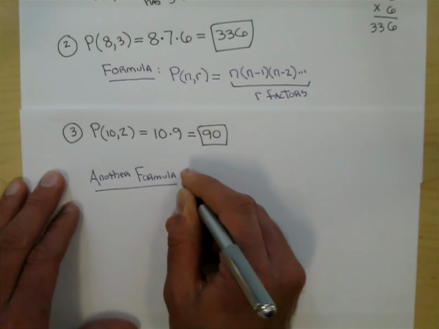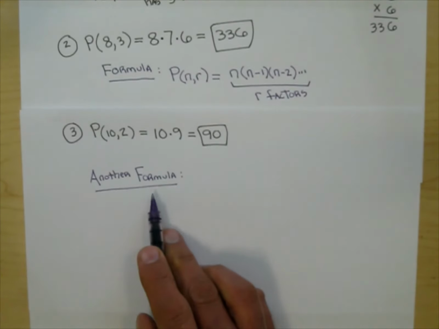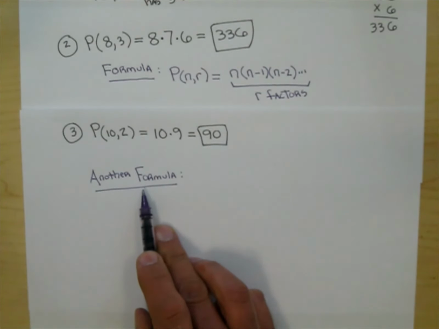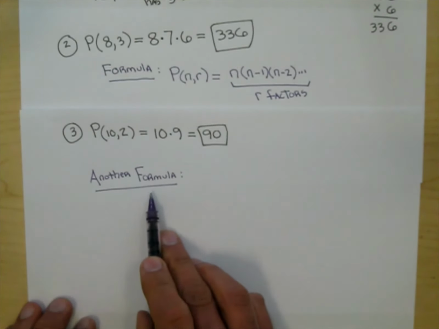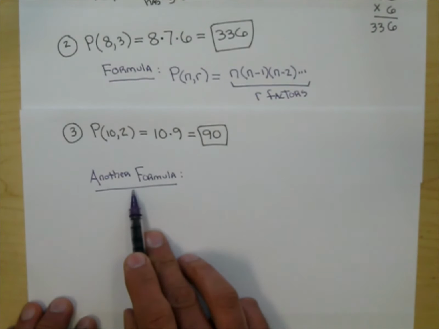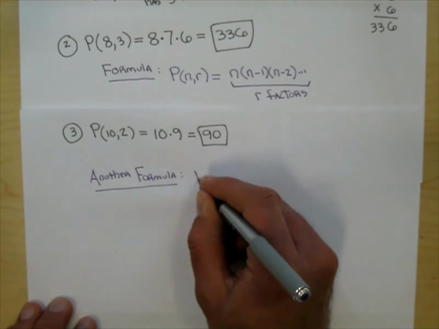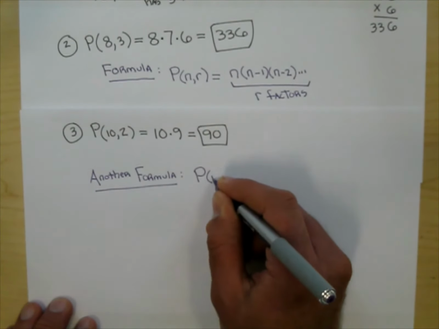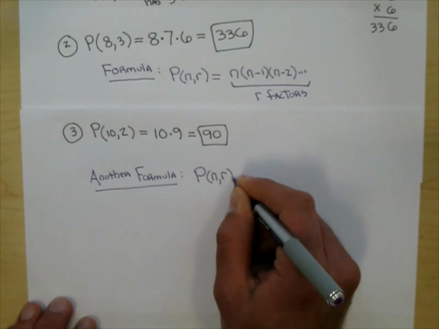Now there is a reason I'm showing you this one that's called another formula, because it's going to help us with 2 things. And after it helps us with those 2 things, we can just forget about this formula. N pick R.